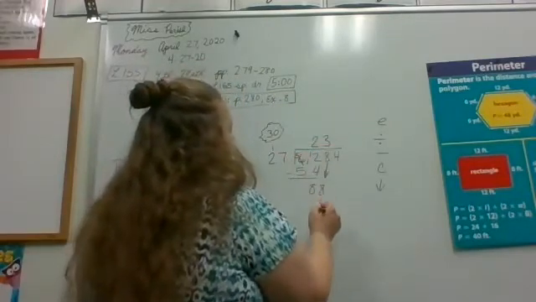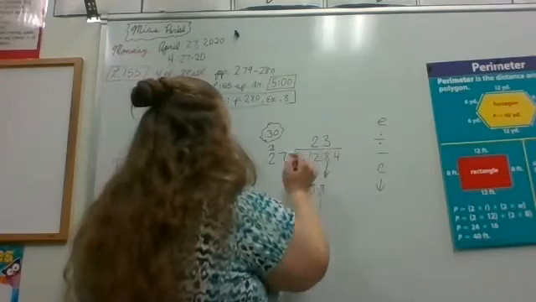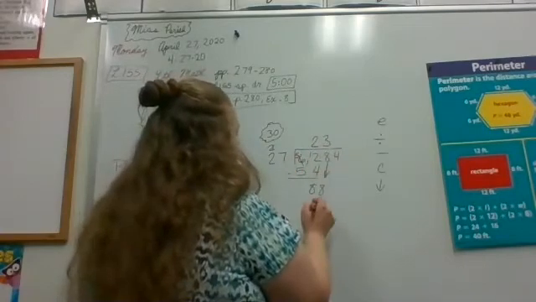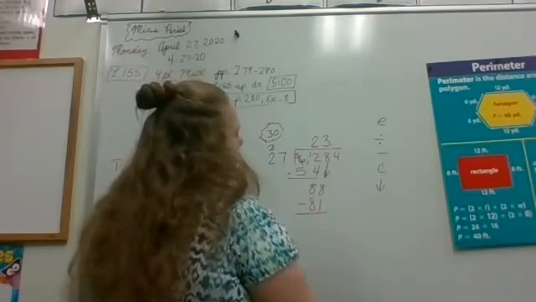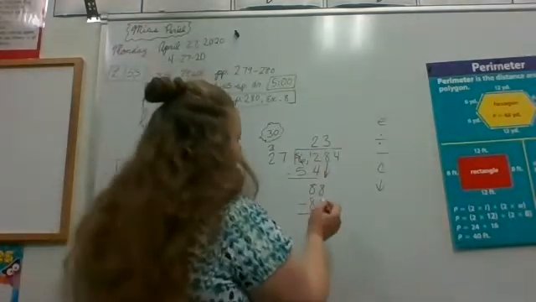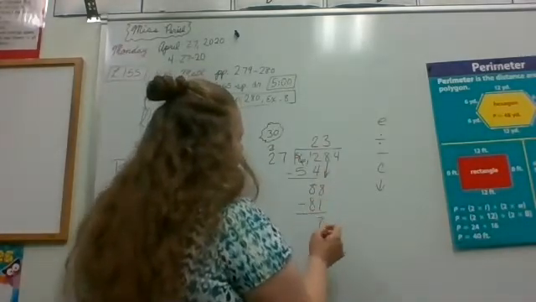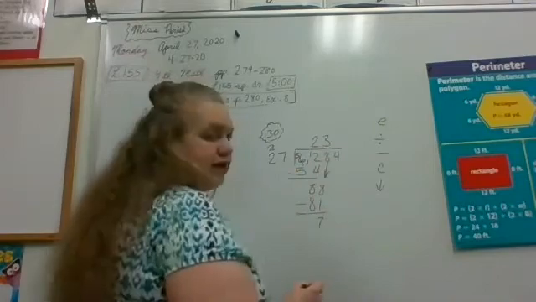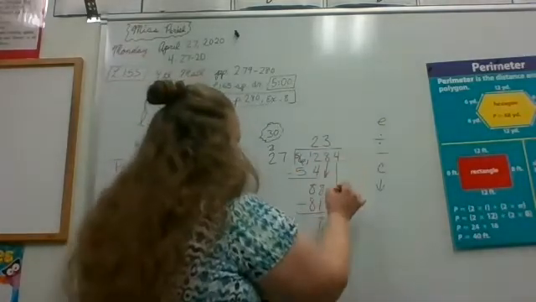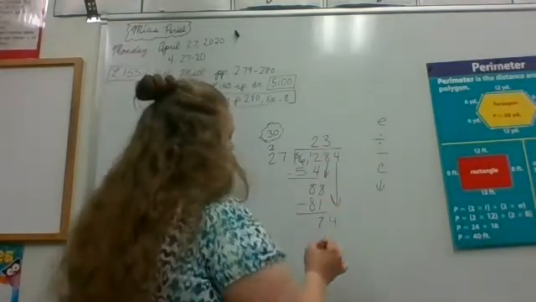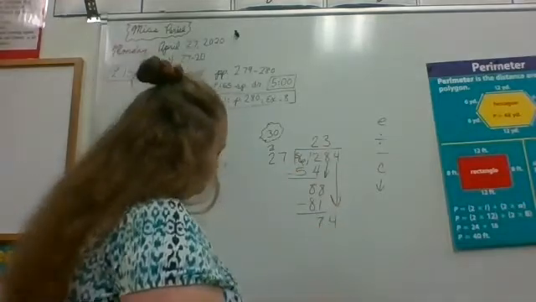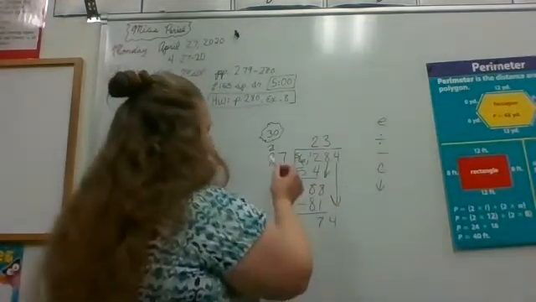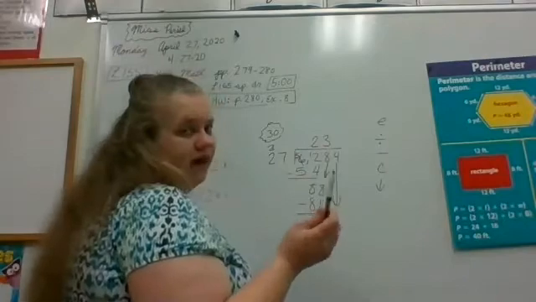3 times 7, 21. Carry the 2. 3 times 2 plus 2 is 8. We get 81, right? And so 8 minus 1 is 7. 8 minus 8 is 0. Is 7 smaller than 27? Absolutely. Okay, now we can bring down our 4, right? We have 74. Okay? This one is not going to come out even, guys.